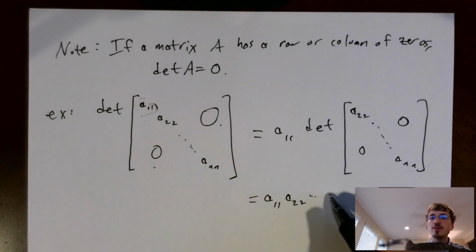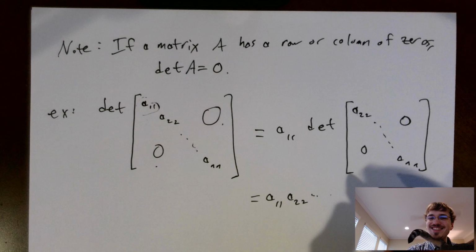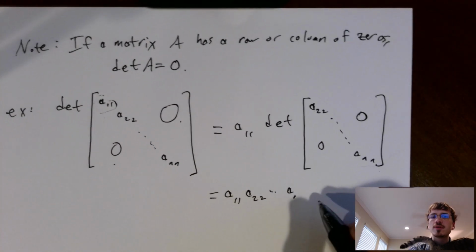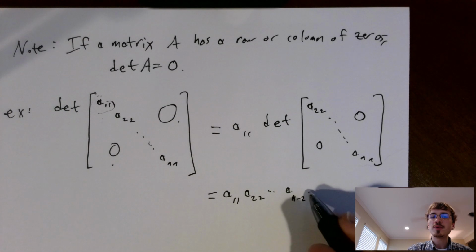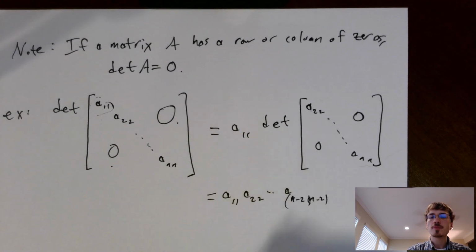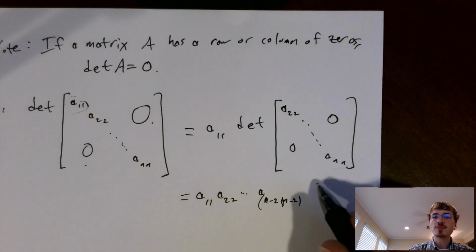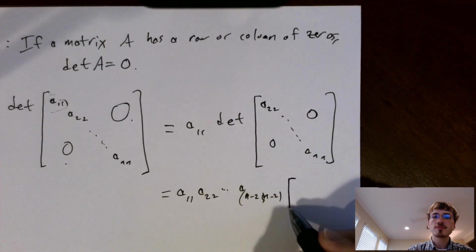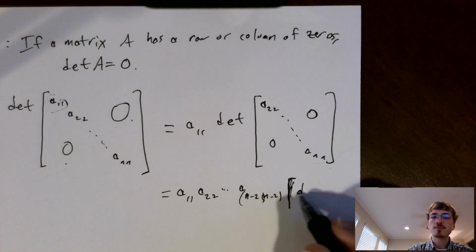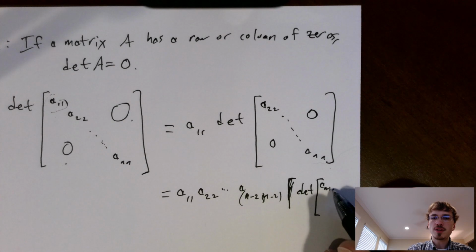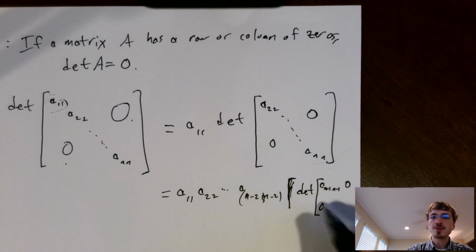All the way down, we stop at n minus 2, n minus 2. But what's left over? What's the matrix at the very end of this game here? Times the determinant A n minus 1, n minus 1, 0, 0, a n, n.